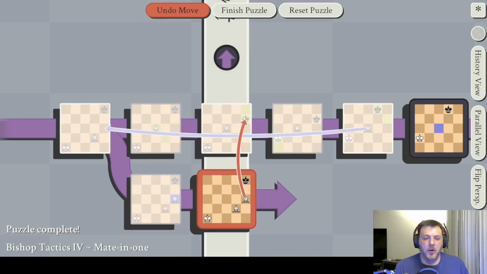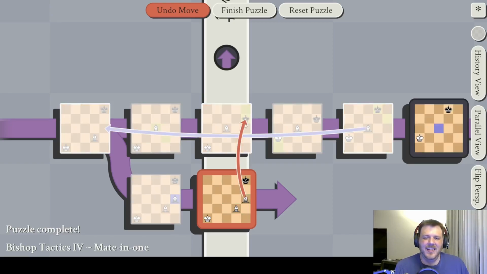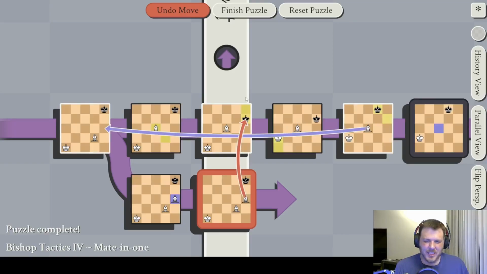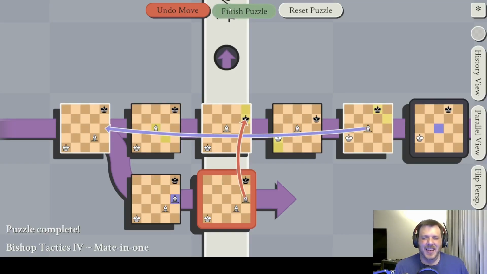Oh, because he moved forward. Okay. Yep, he moved forward, so he's moving into the check, which is already an established timeline, so it can't be changed. And the bishop checks it. Okay.